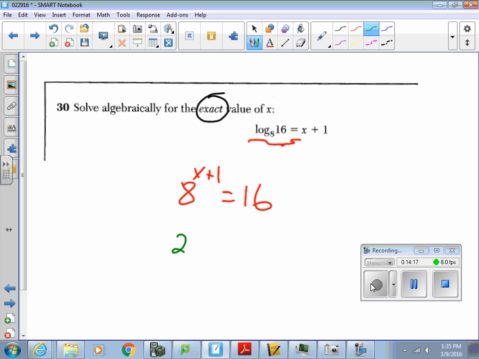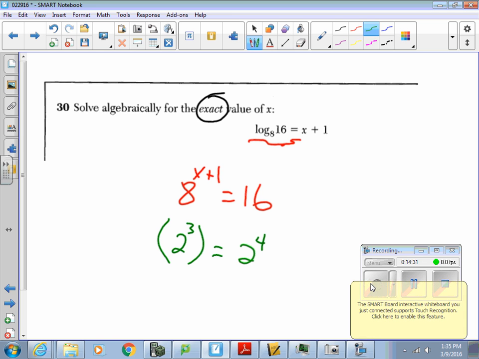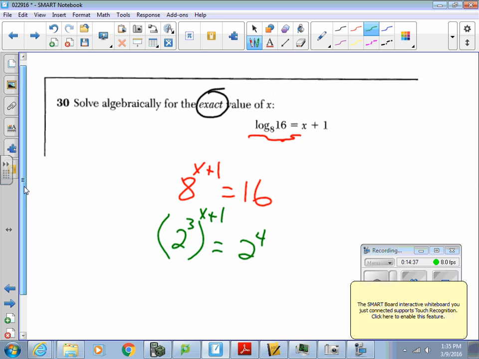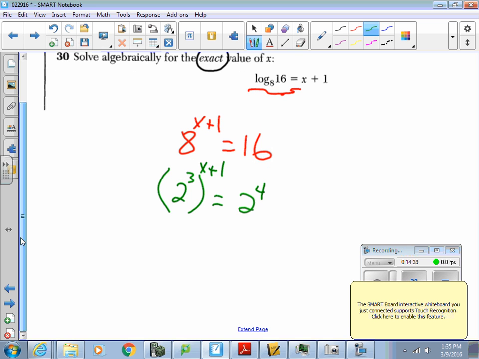So we're going to change 8 into 2 to the third, and we're going to change 16 into 2 to the fourth. Now, 2 to the third is just your 8. So we still have to include that exponent. So now we just changed the entire 8 to 2 to the third, but we still have to the x plus 1. So remember, whenever you have a power raised to a power, you have to multiply those two.